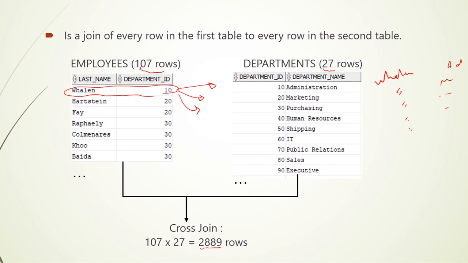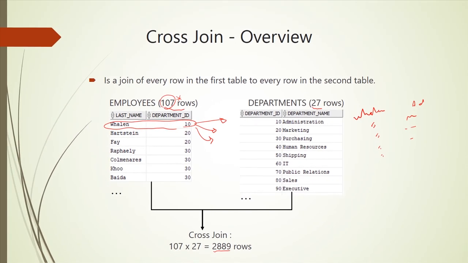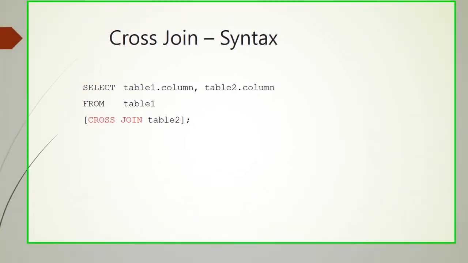That's why the output of the cross join will be the number of rows from the first table multiplied by the number of rows from the second table. Actually, cross join is not used to produce meaningful data, but it's used mainly to produce a huge amount of data for testing.